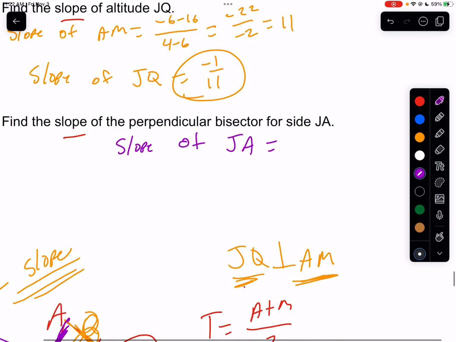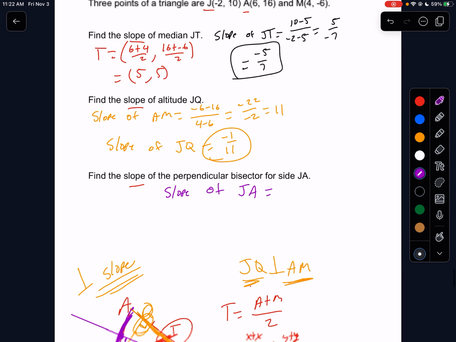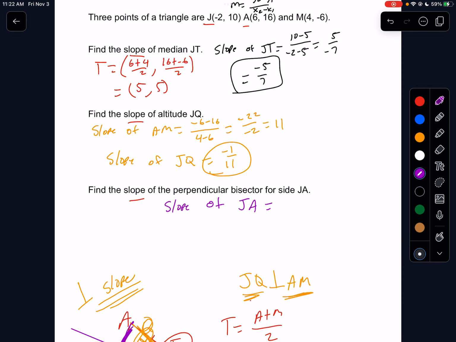Let's see what that is. The slope of JA would be 16 minus 10, y minus y, over 6 minus -2. That is 6 over 8, which reduces to 3/4. So the perpendicular bisector slope would equal -4/3.